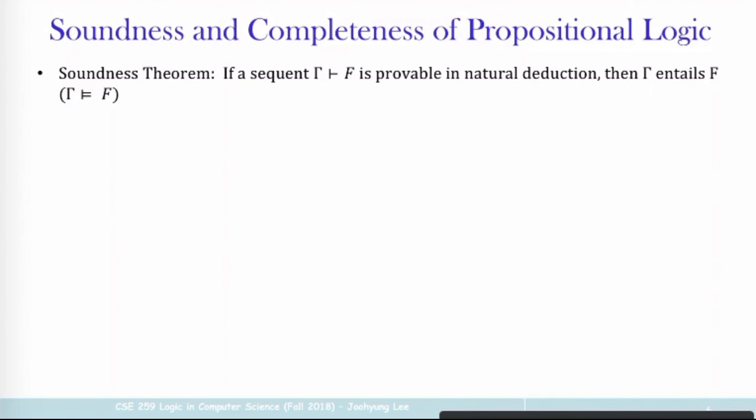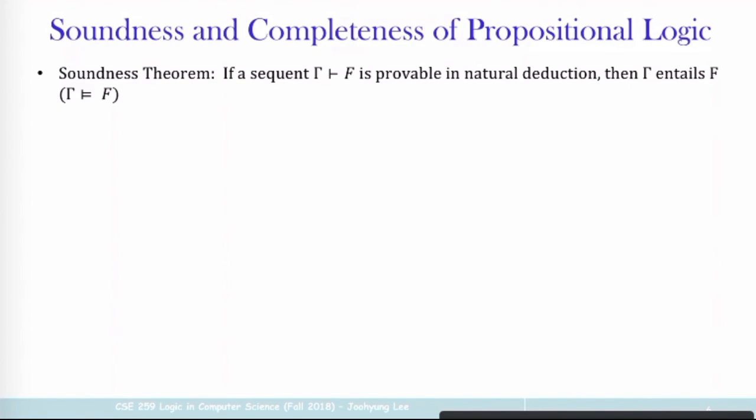Next, we learned interpretation, valuation, satisfaction, tautology, entailment, satisfiability. Those things belong to so-called model theory. These are just two ways to define propositional logic. And what the soundness and completeness theorem is saying is that these two notions coincide. So whether you understand it in either way does not actually matter.